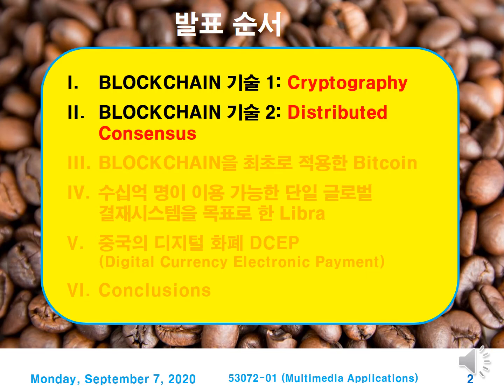The basic technology includes cryptography and the distributed consensus algorithm. So during this week we focus on the main two technologies. One is cryptography and the other is distributed consensus algorithm.